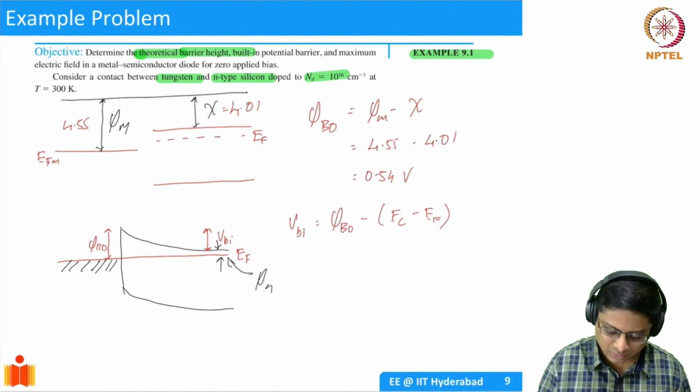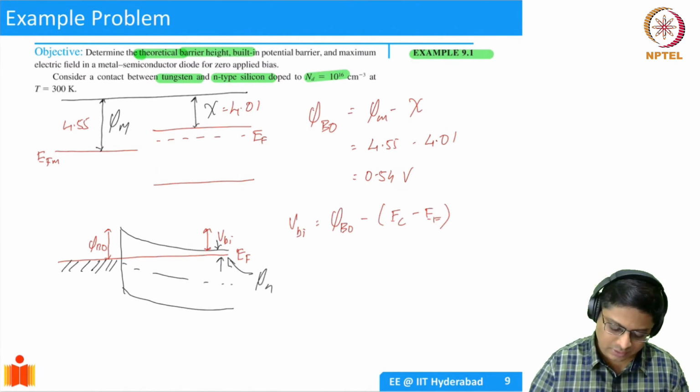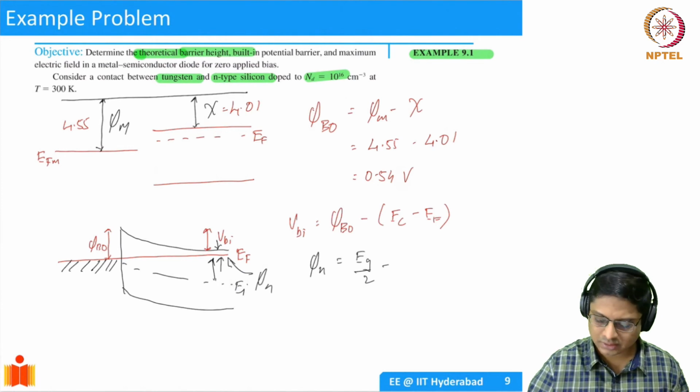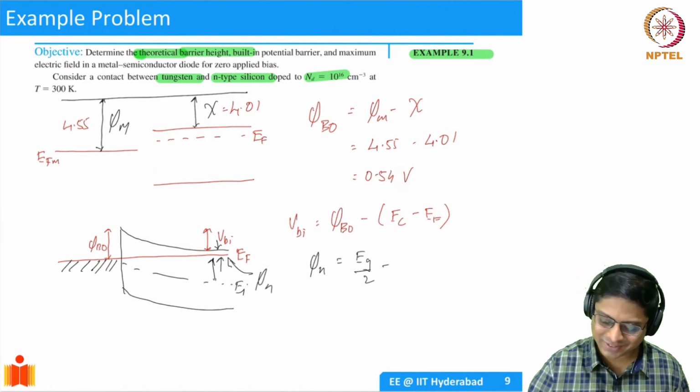So I know that there is going to be EI here. So this is EI, right? What I'll do is, phi n is going to be EG by 2 minus kT by q ln of 10 to the 16 divided by 10 to the 10. I'll write it out directly; you should convince yourself that this is right.